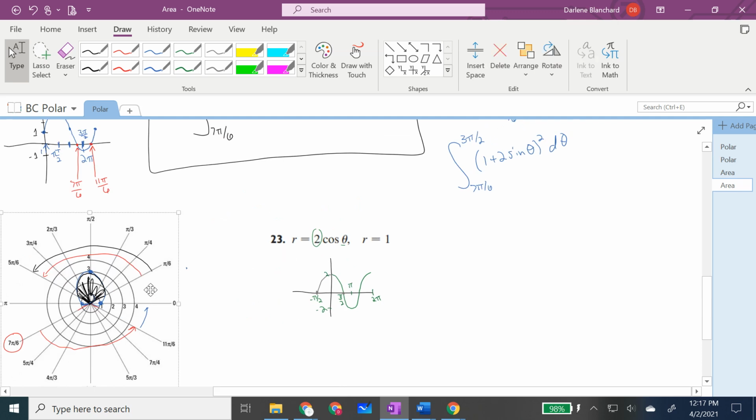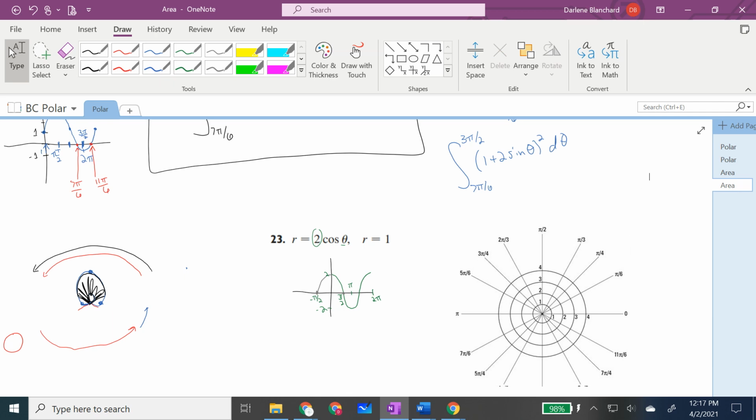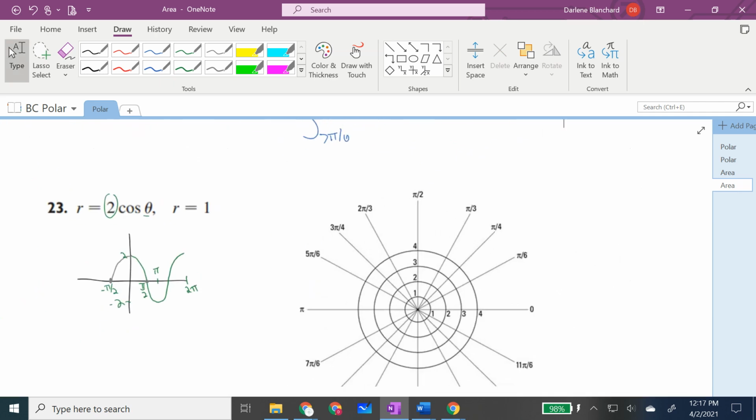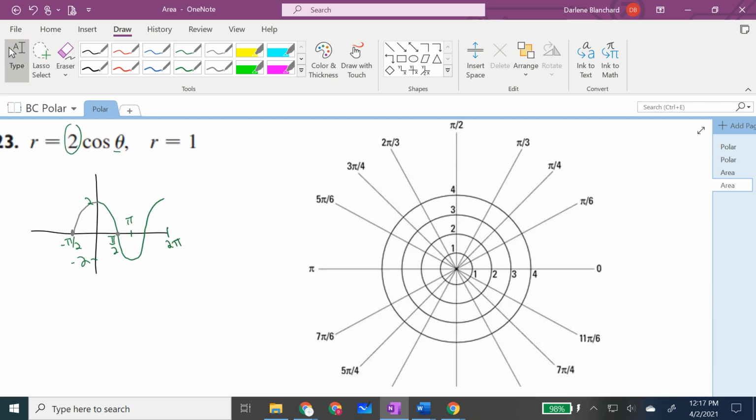And I'm going to grab this grid. So realize that I'm coming out right here, and then I'm going to get sucked back in at pi over 2.